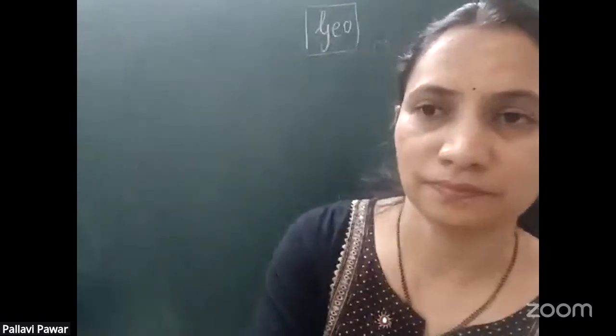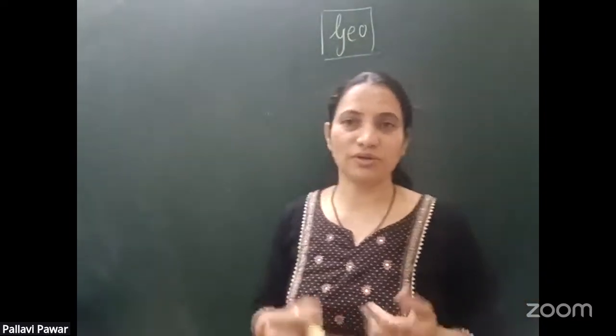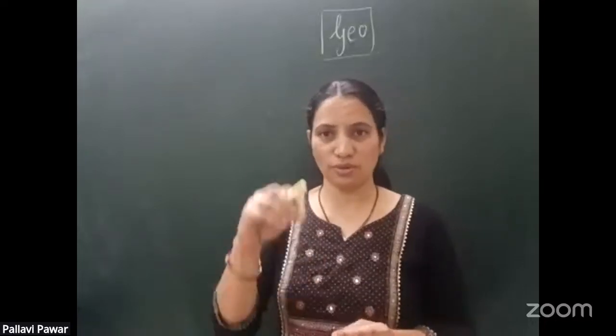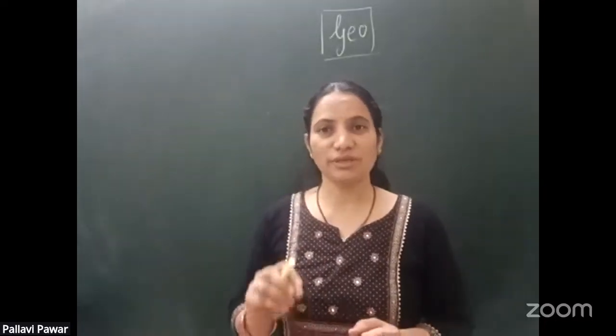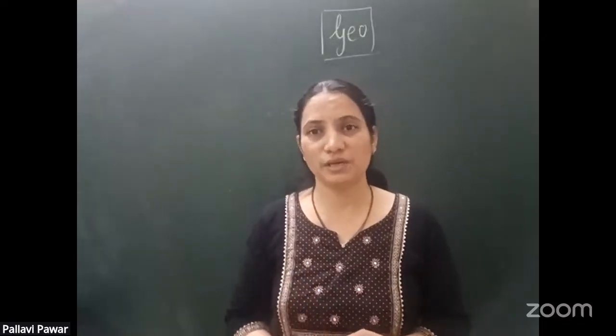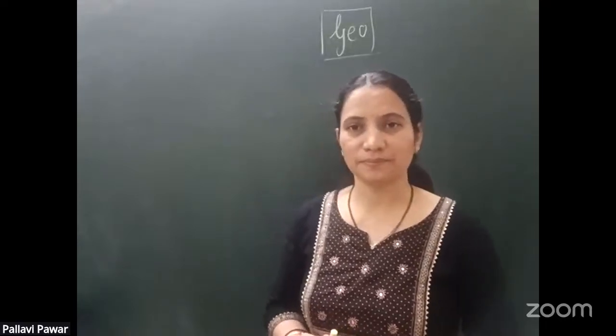Yes, ma'am. Okay. See, now first of all, we should know about the physical features and the important things which we should know in geography. Actually, here in geography, the most important thing we are studying is the physical features. You know how many physical features are there?